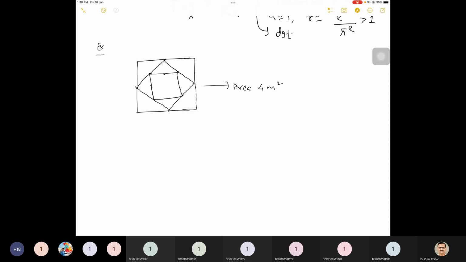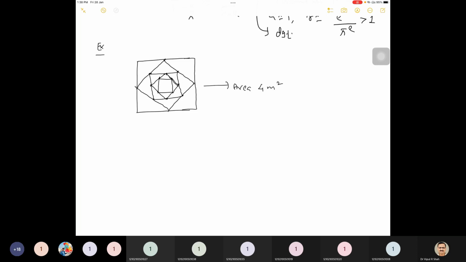Again we take midpoint, like this, and we make another square. Again we take midpoint and prepare another square. And so on.